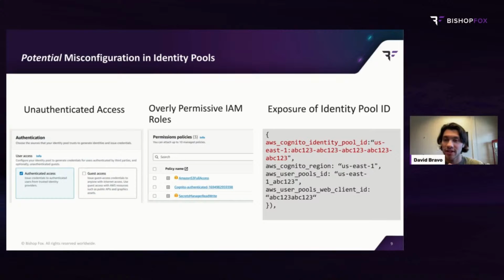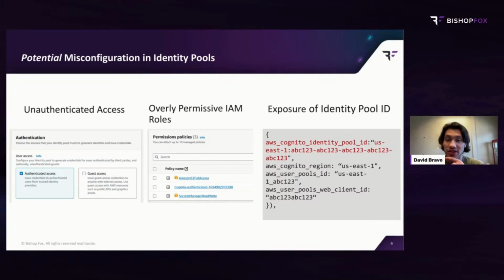For this first scenario, unauthenticated access, identity pools have functionality that will basically allow unauthenticated access to the identity pool, which means that if I, or an attacker, or a user or an application just knows the identity pool ID, it can actually retrieve AWS credentials for an unauthenticated role in the identity pool.